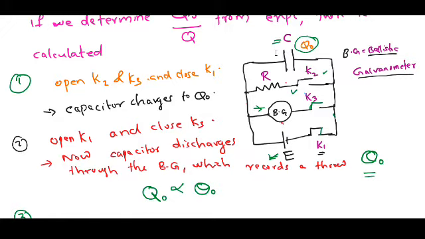Now the resistor and BG paths are not in the circuit because the circuit is open. Those two paths are open, and the voltage is now in the circuit. Therefore, the capacitor again charges to its maximum value, Q0. Fine.